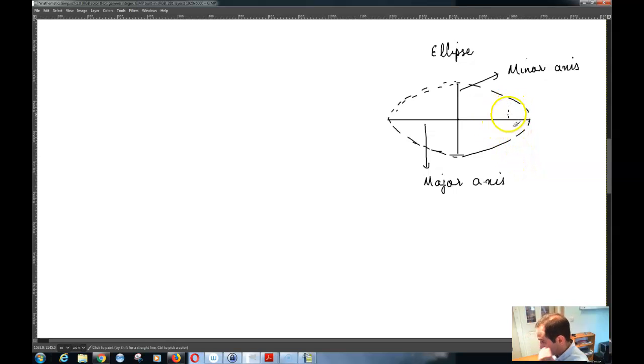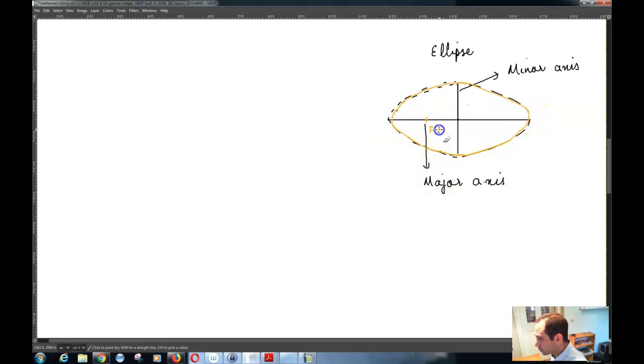By definition, an ellipse is created in such a way that, something I forgot to say is that there are two points on the major axis.